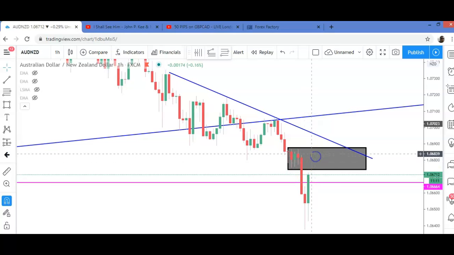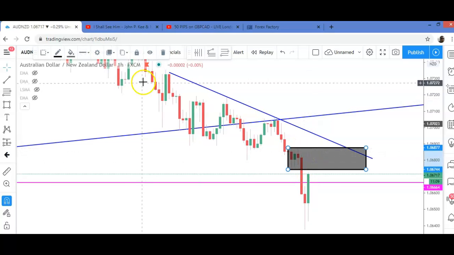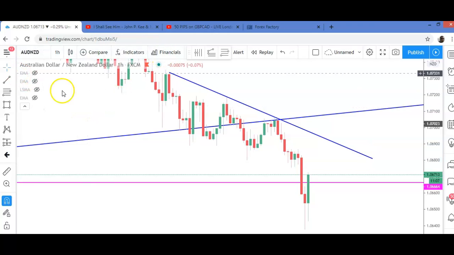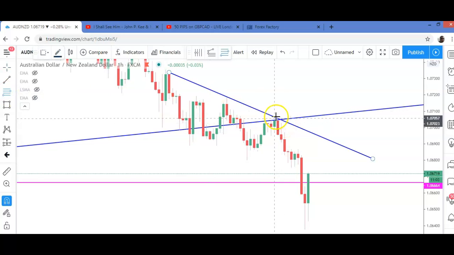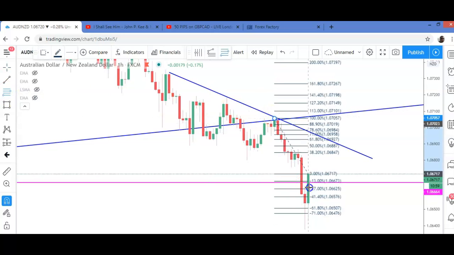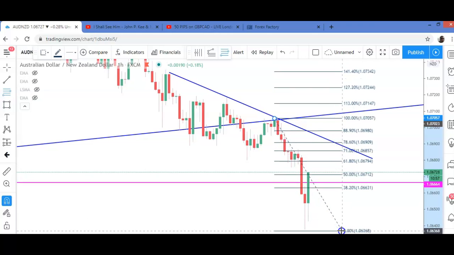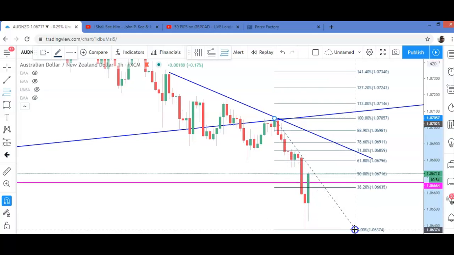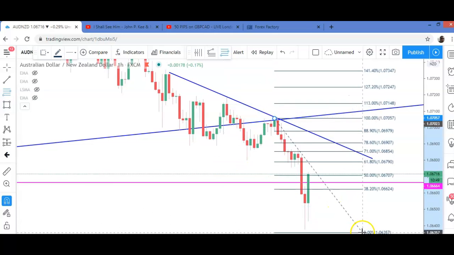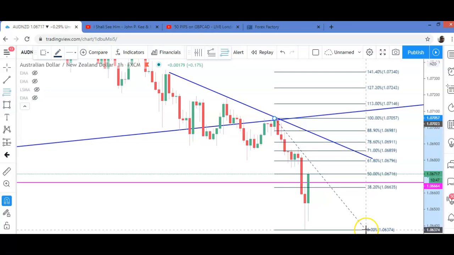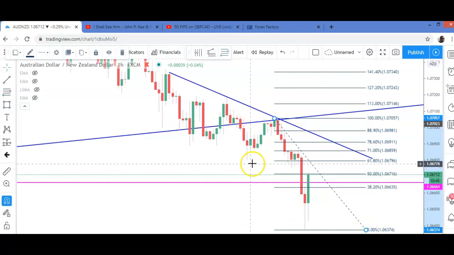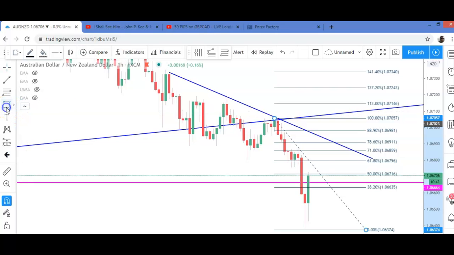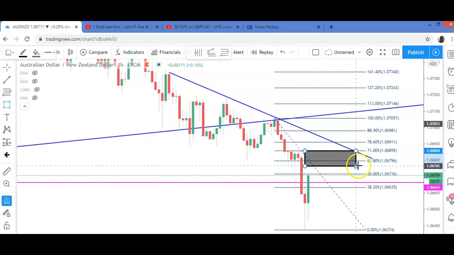And what I want to show you is that we need a new Fibonacci to determine where the retracement is going. So I set this zone in between the 7-1 and the 5.